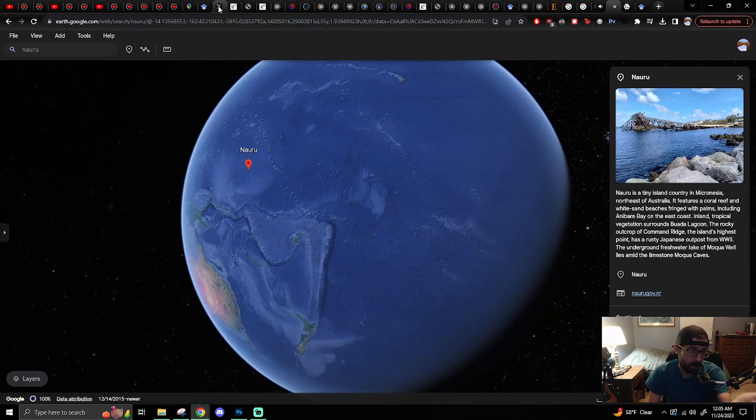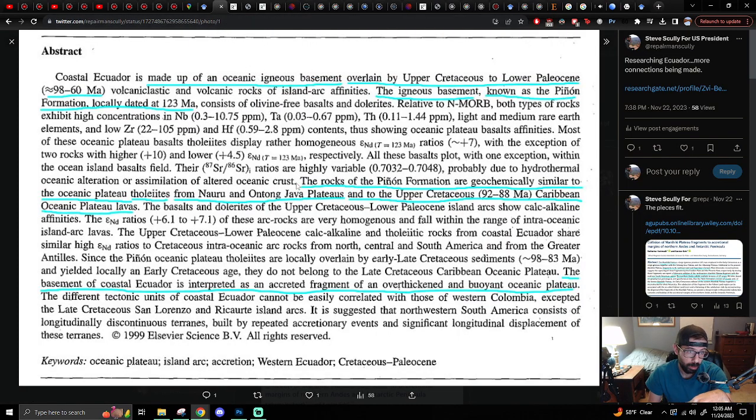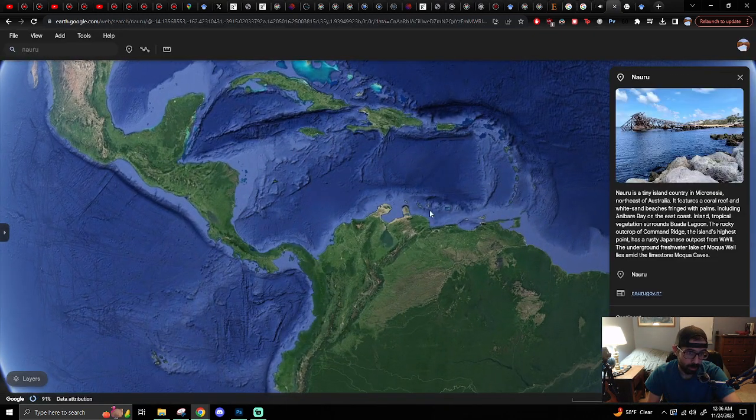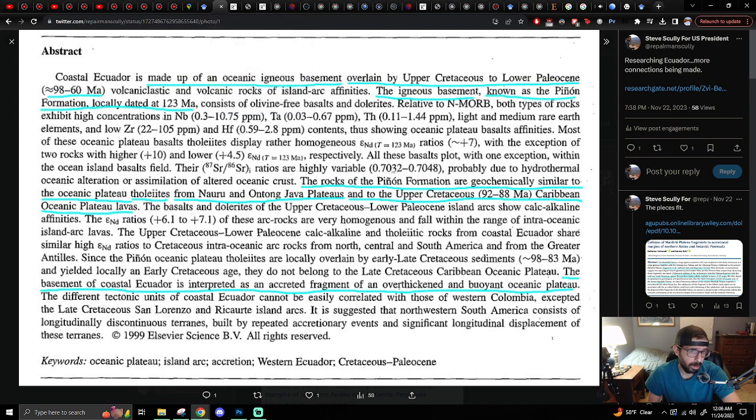So this points to, it also includes the Pinon Formation, because it's geochemically similar to the Upper Cretaceous 92 to 88 Caribbean Oceanic Plateau lavas, which are what's here, a large igneous province of the Caribbean Plateau. So we got all these similarities.